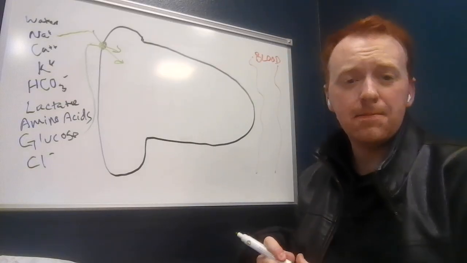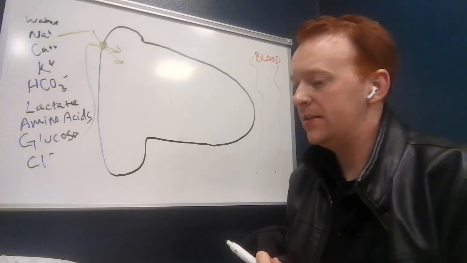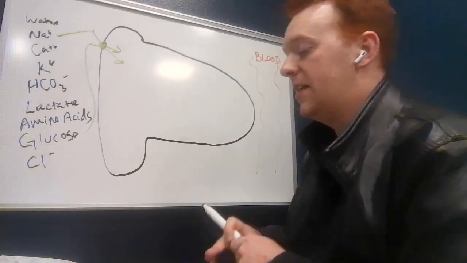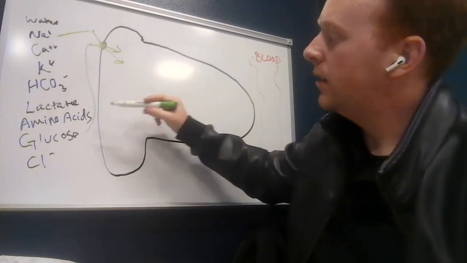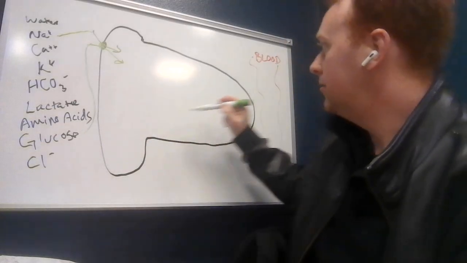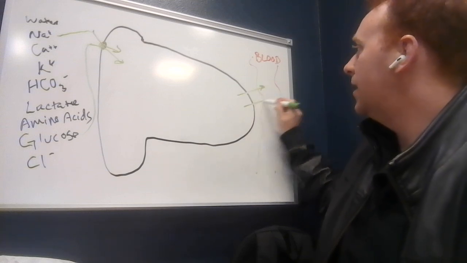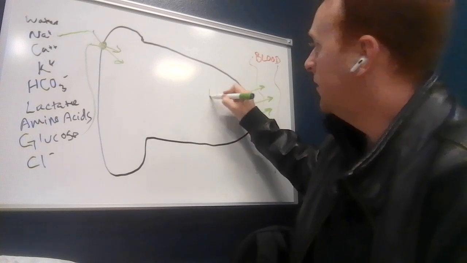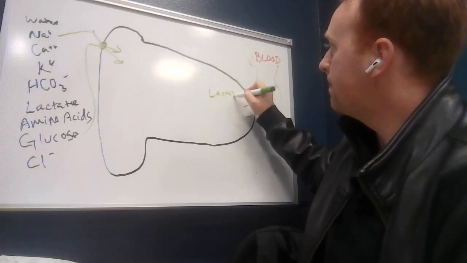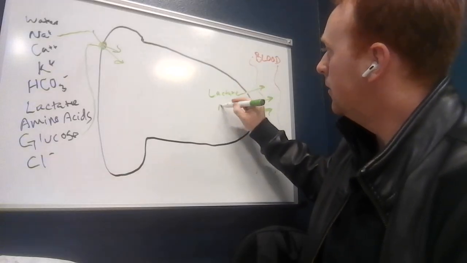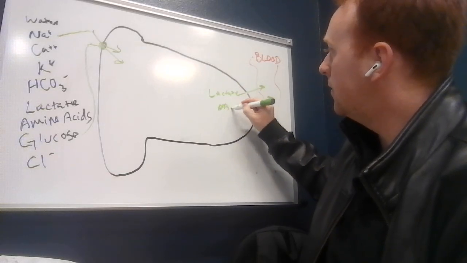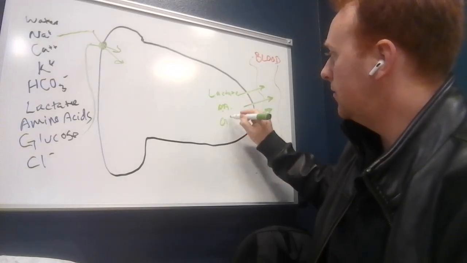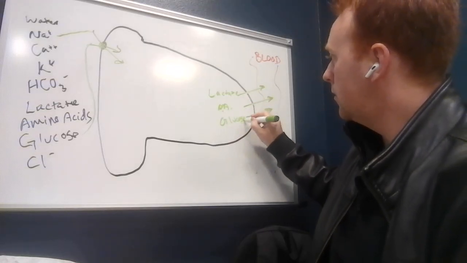The main thing about all three of these, lactate, amino acids, and glucose, they all get pulled into the blood after. That's very specific. Okay.